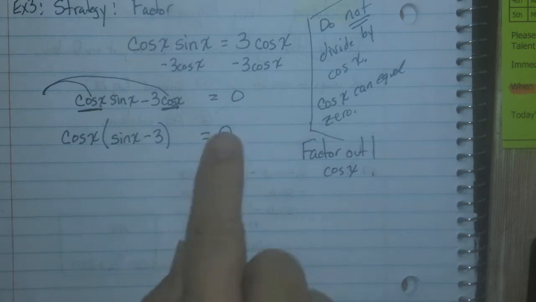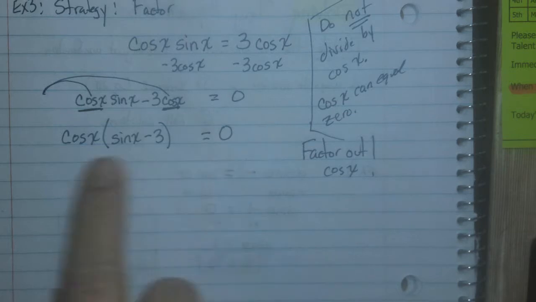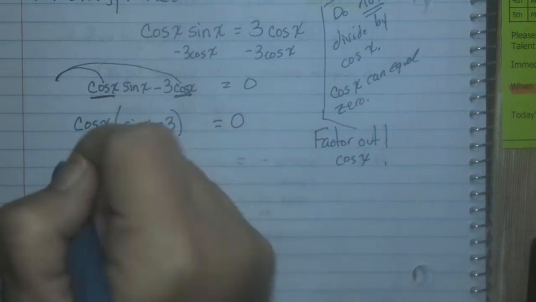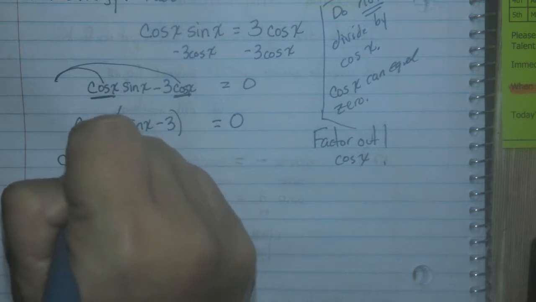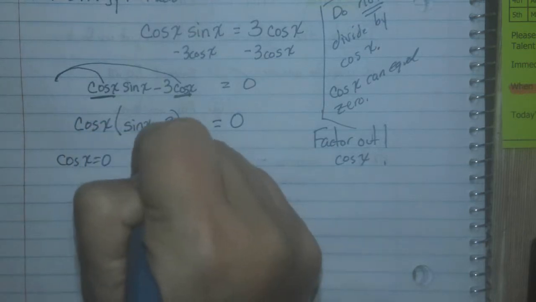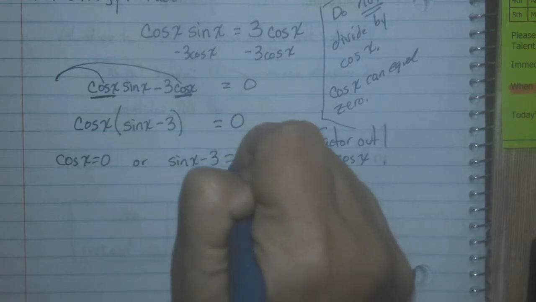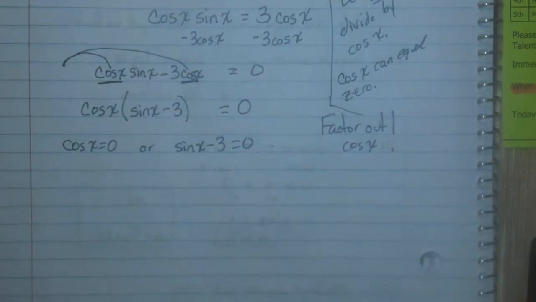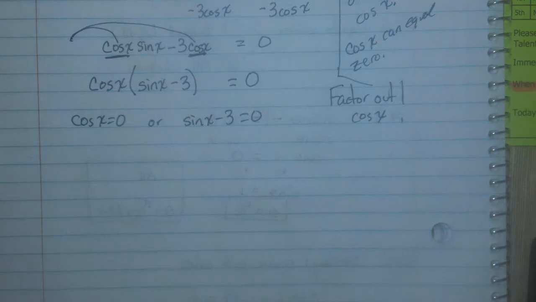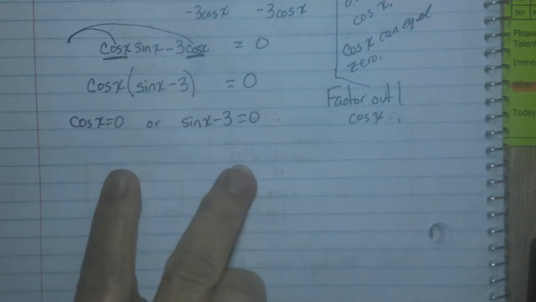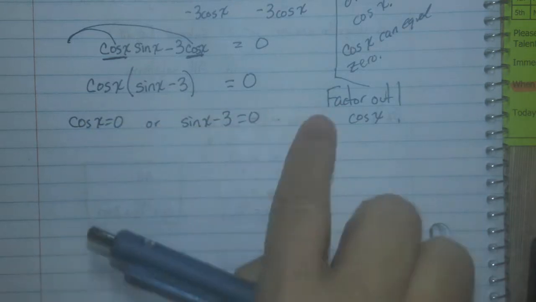The only way you get 0 for an answer of multiplying is if one of your 2 factors is 0. So you just say cosine x equals 0 or sine x minus 3 equals 0. So you did this back in Algebra 2 when you were factoring quadratics, and then you set the product equal to 0.